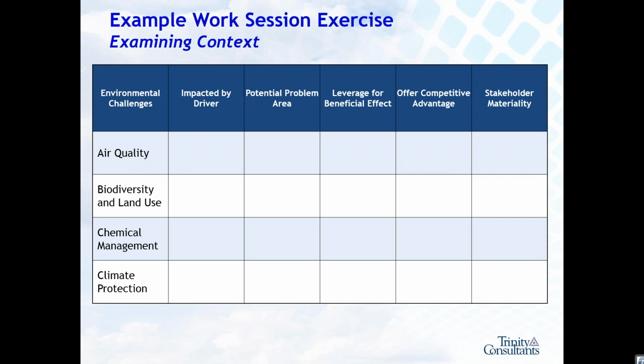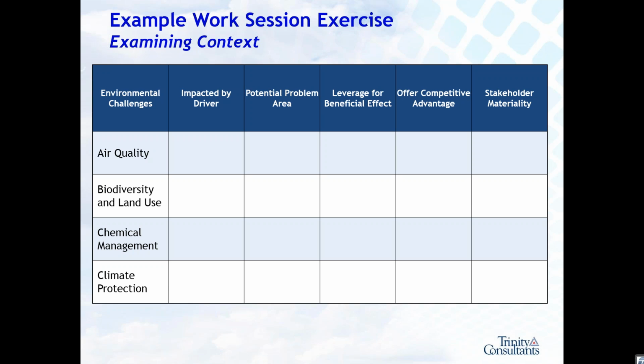This is an example of an exercise that an organization might go through to act as the springboard for determining what should be encapsulated by the EMS, what the particular issues are that need to be addressed by the EMS.